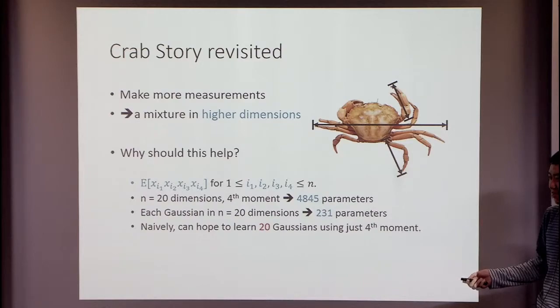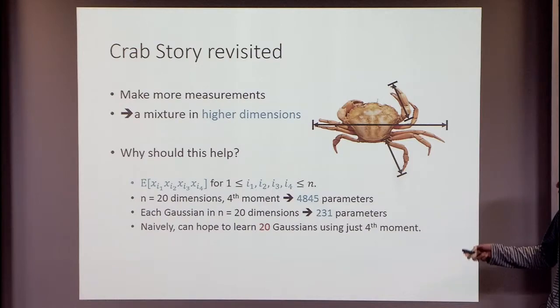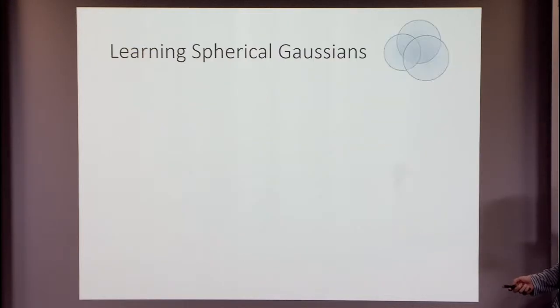We cannot really solve a system of polynomial equations. Also, these equations might be redundant. But luckily, in some special cases, indeed, in the algorithm that Sham just talked about, we can make use of this high-dimensional structure. And indeed, it makes learning mixtures of Gaussians easier.